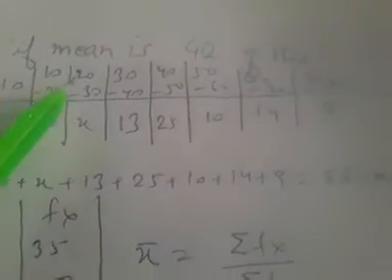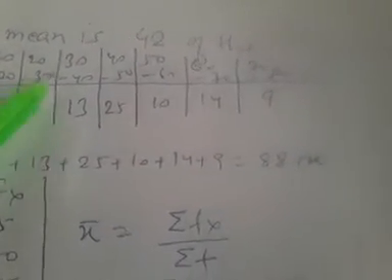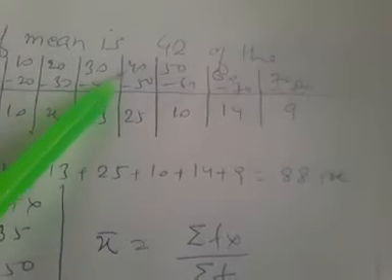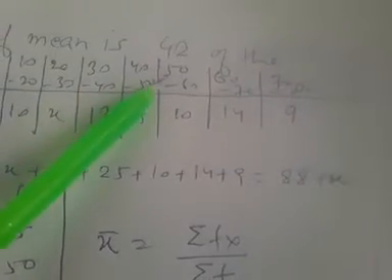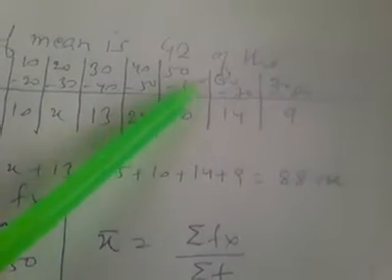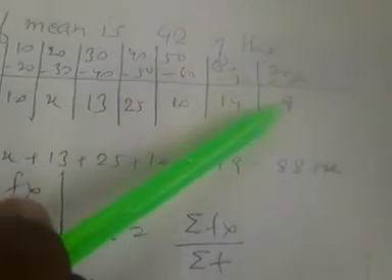Here the data is that the class intervals are 0 to 10, 10 to 20, 20 to 30, 30 to 40, 40 to 50, 50 to 60, 60 to 70 and 70 to 80.